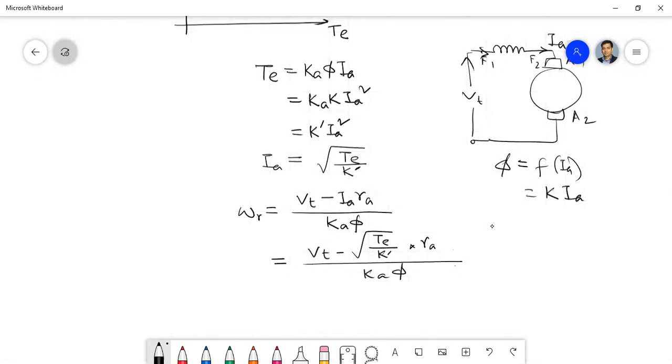Now this phi can again be substituted by K into Ia, isn't it? So let me write that, because we already have that expression. So K into Ia, and Ia again can be written in terms of the torque.